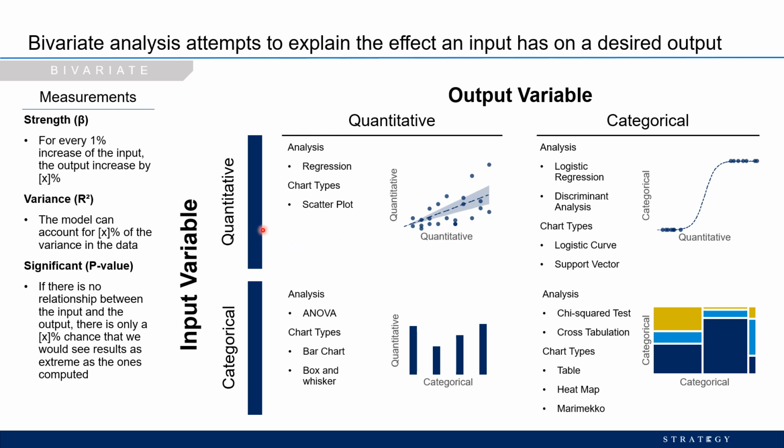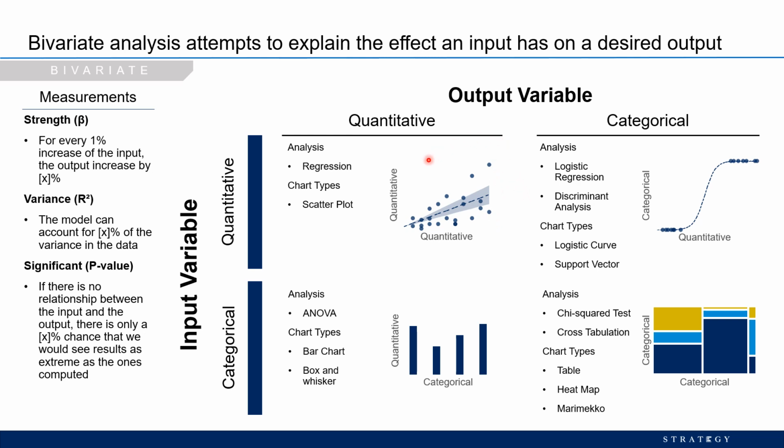For instance, if you have a problem where the input variable is quantitative and the output variable is quantitative, you know that you're probably going to need to do some kind of regression analysis. When choosing charts, you're probably going to use a scatter plot or line plot to demonstrate the relationship.